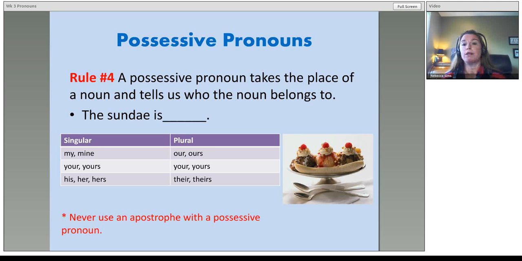And if it's plural, like Billy and Charlie's Sunday, the Sunday is ours, the Sunday is theirs. Remember that we don't use apostrophes with possessive pronouns. The apostrophe shows possession, like Becky's Sunday, but possessive pronouns show possession just by being possessive pronouns, so we don't need an apostrophe.